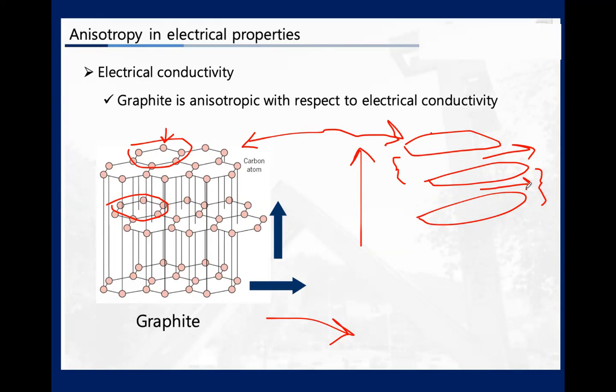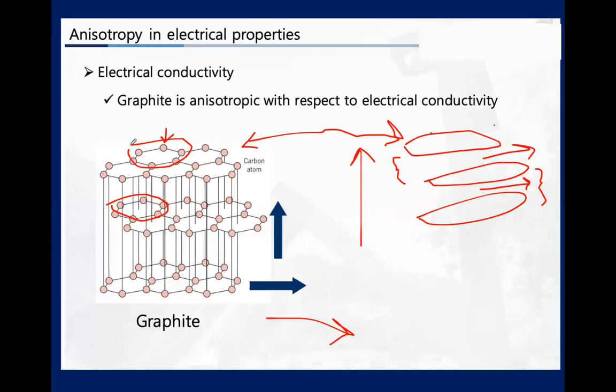That's why this physical property is used effectively in producing lubrication materials. As a lubricant, graphite is good because of this slippery nature due to this arrangement.